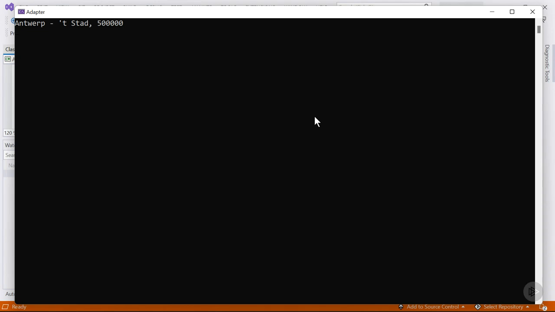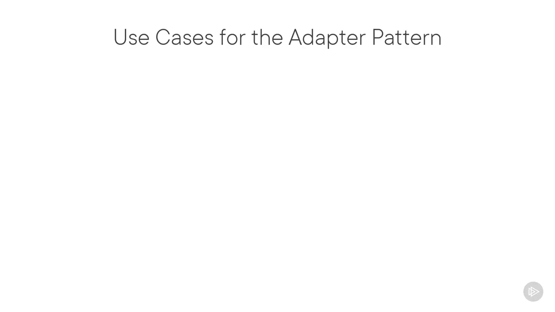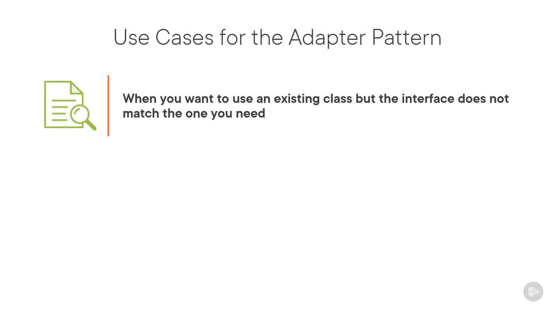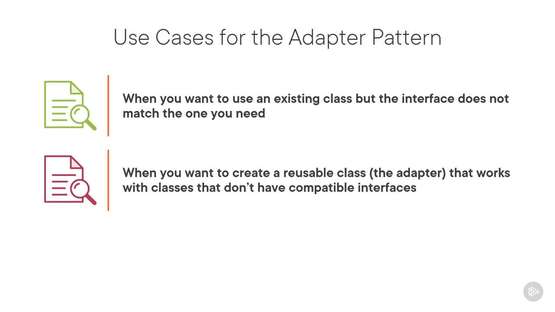Let's have a look at the use cases for this pattern. This pattern is useful when you want to use an existing class, but the interface does not match the one you need. Adapting a city class from one system to another one, for example. You can also use it when you want to create a reusable class, the adapter, that works with classes that don't have compatible interfaces.